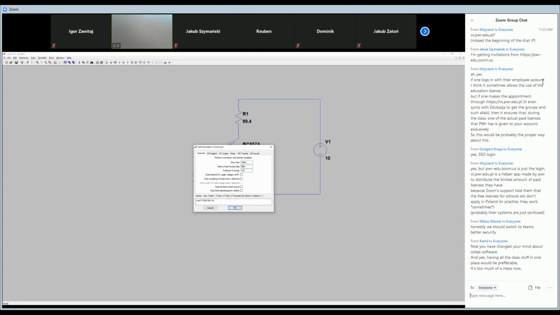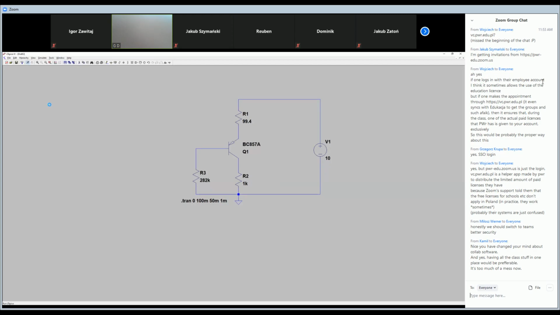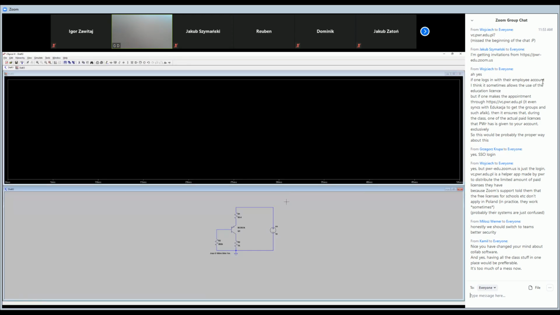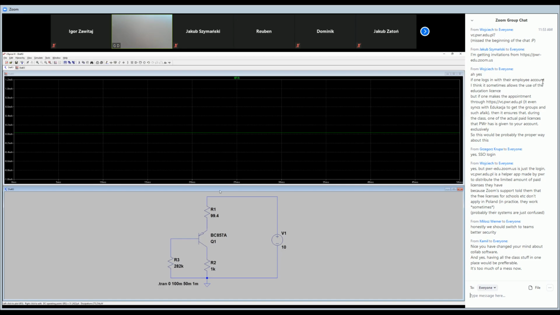It is enough. All right. Let's run the simulation. And let's check first of all the base current. How many is it? Do you see it? What is the base current value?